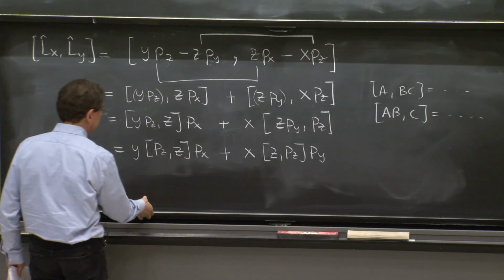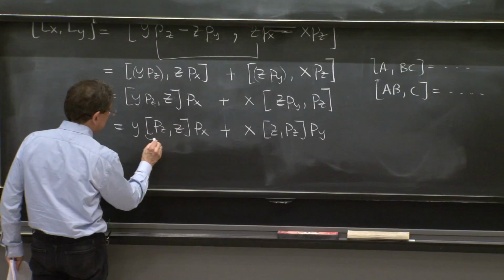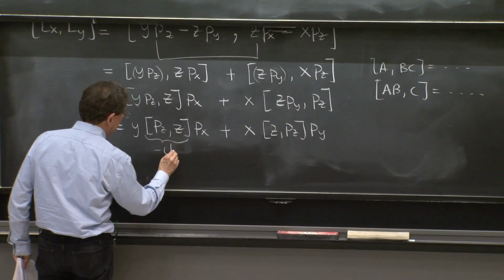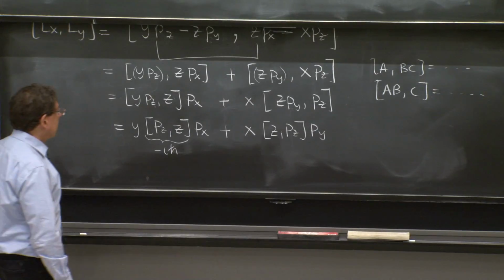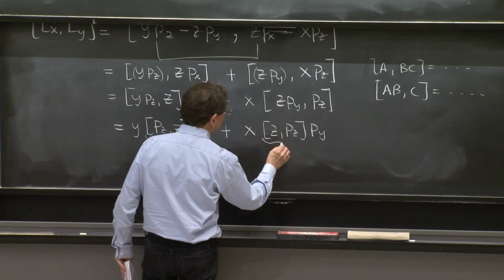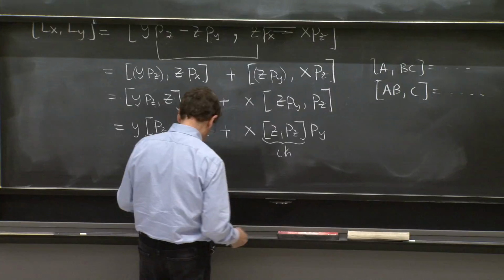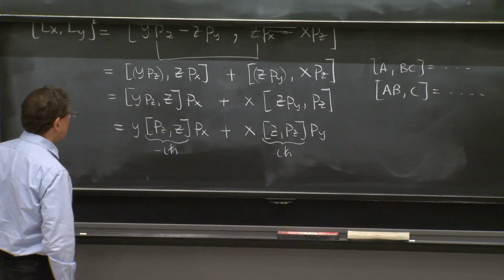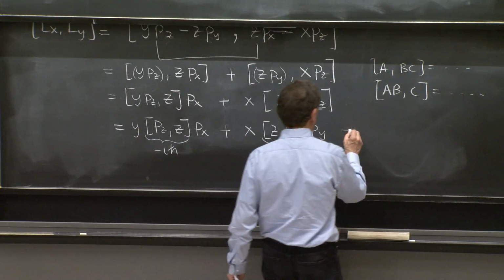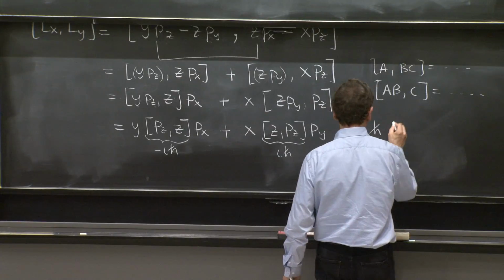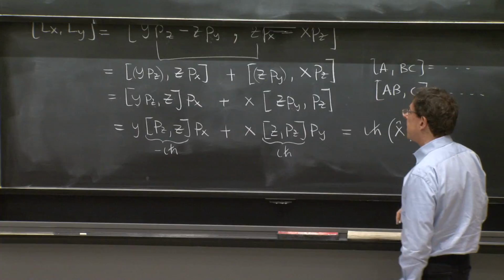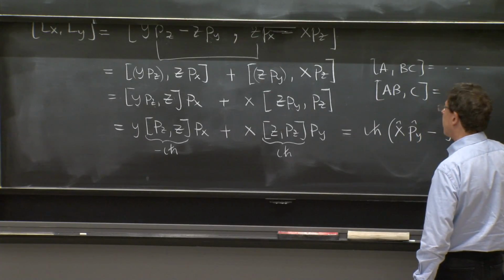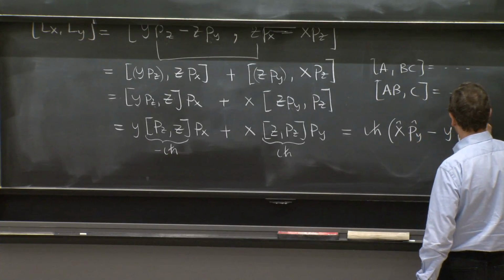Now, this is minus iħ. And this is iħ. So here we get iħ (xpy minus ypx).